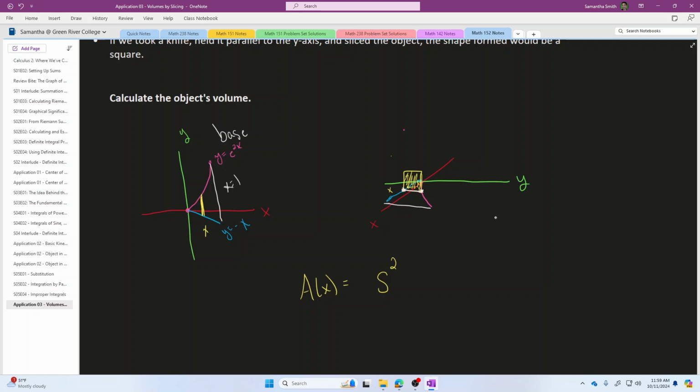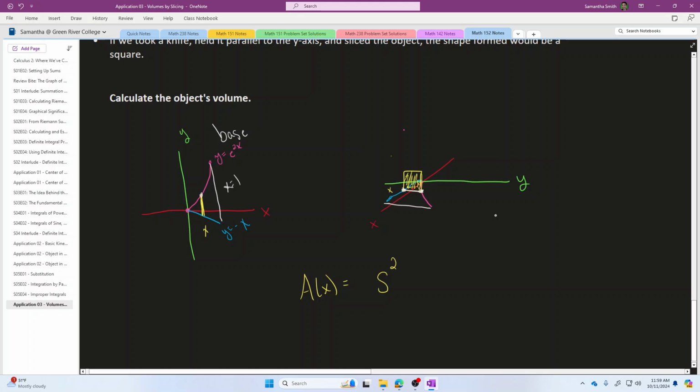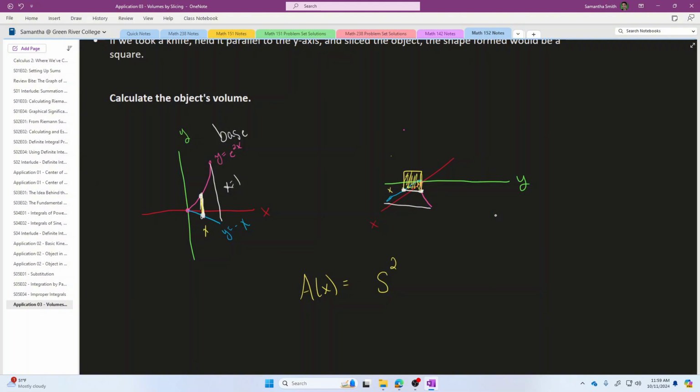Now what I can see in the picture is that the side length of this square is going to be exactly equal to the length of the cut which I made in this picture, right? At an arbitrary x value. So what I really need to figure out is if I cut at an arbitrary x value in this picture, what is the width of this slice that I have made?